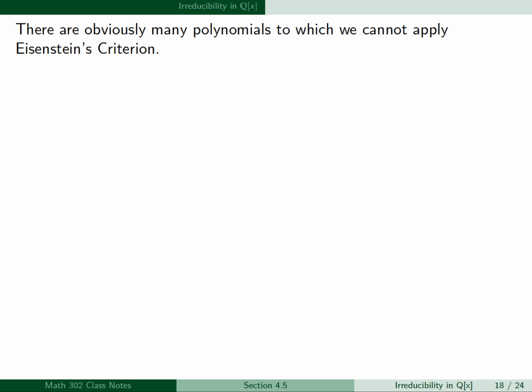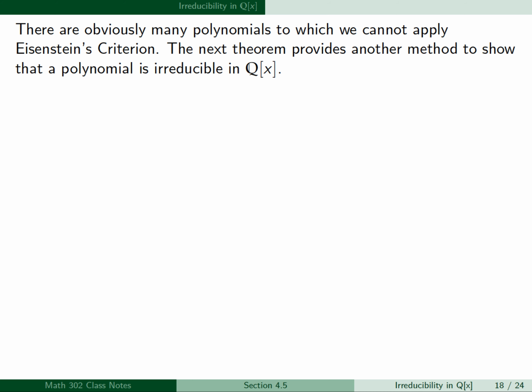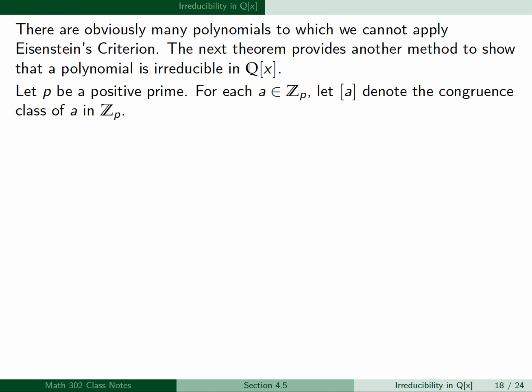Now there are obviously many polynomials to which we cannot apply Eisenstein's criterion. The next theorem provides another method to show that a polynomial is irreducible in Q bracket x. Let p be a positive prime. For each a in Z sub p, we'll let bracket a denote the congruence class of a in Z sub p.